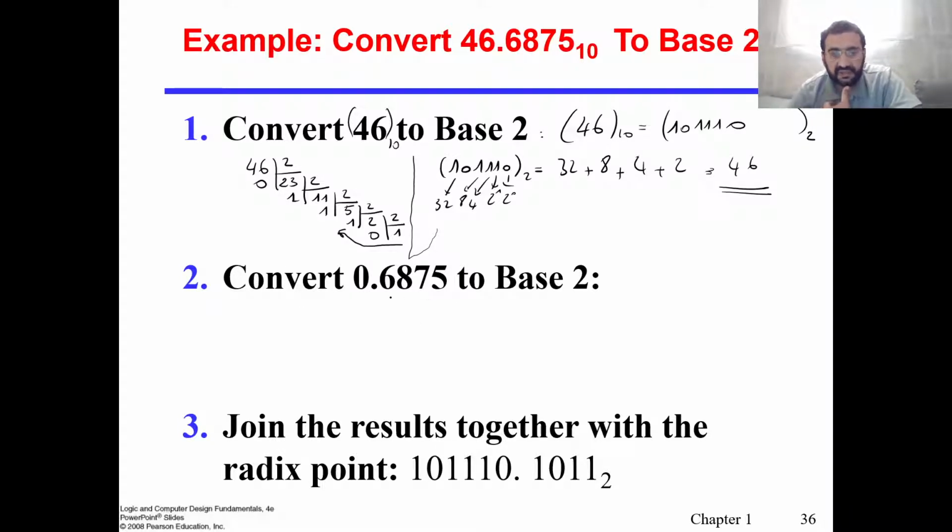Now, if we had a fractional part like here, what we should do is to make successive multiplications. So 0.6875, we multiply it by 2. This gives 10, 15, 41, 6 multiplied by 2 is 12 plus 1, 13.